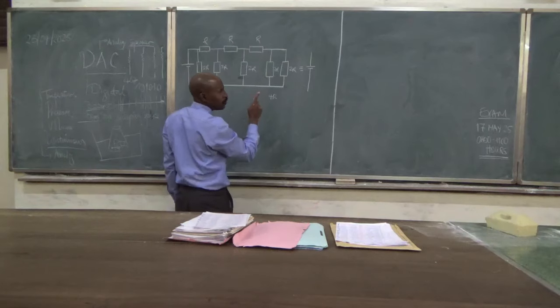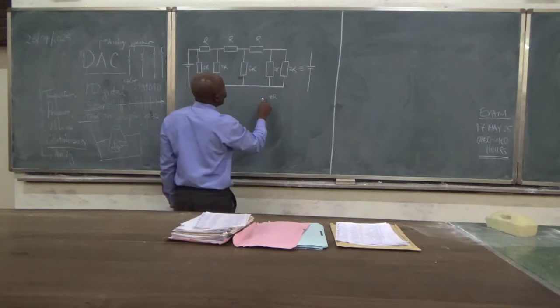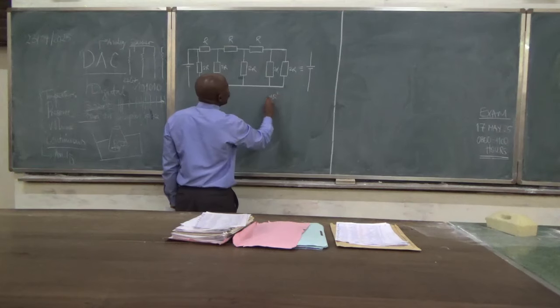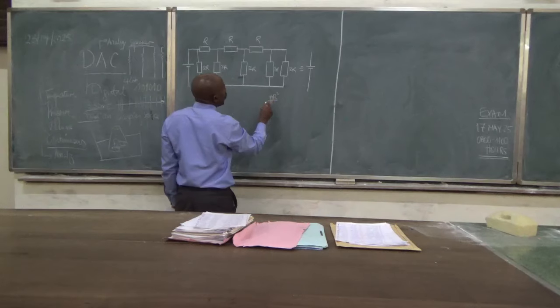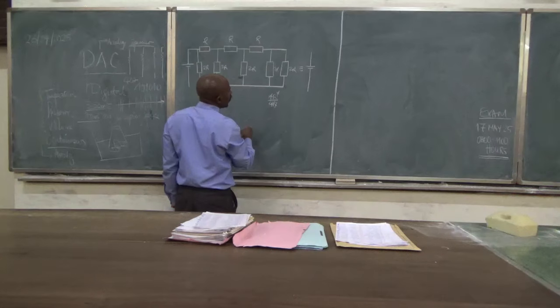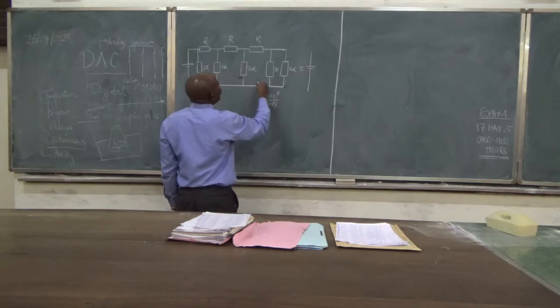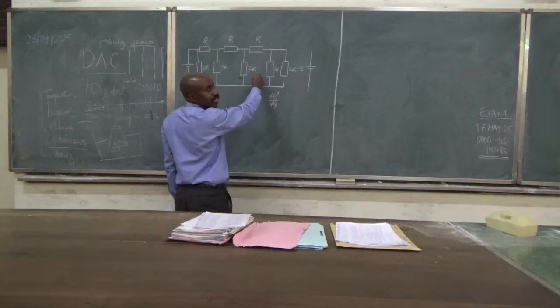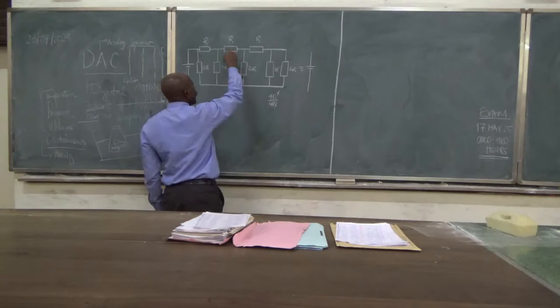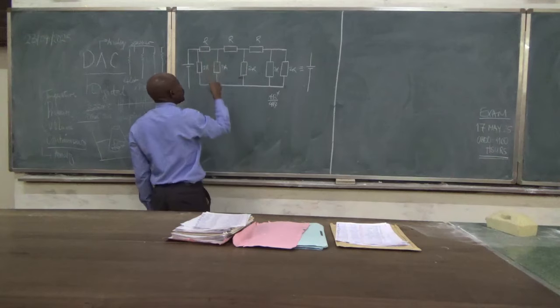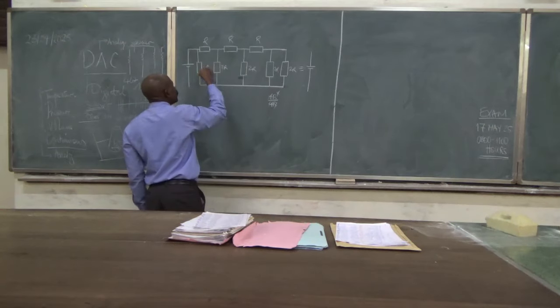This is 4R squared over 4R, which ends up being R. Then we add here, it becomes 2R. Then it becomes R. 2R. Then it becomes R. 2R. Then it becomes R. Then we have 2R.